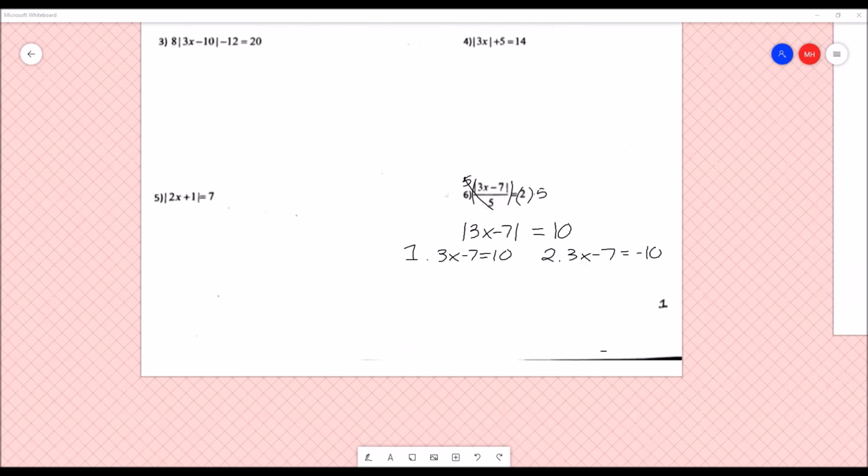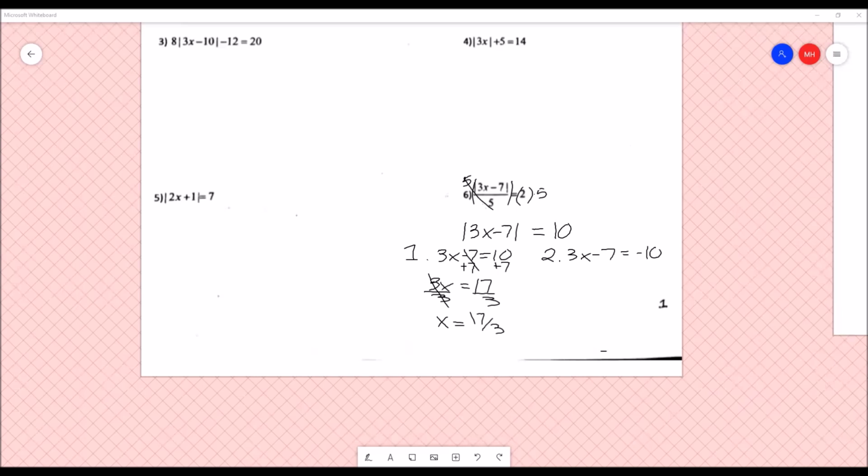So I'm going to start by adding 7 to both sides. 7's cancel out. 3x equals 17. Okay, my 10 plus my 7 gave me 17. Divide by positive 3. Now my 3's divide out. I'm just left with x. And I know x equals 17 over 3. So that's the solution to equation number 1.